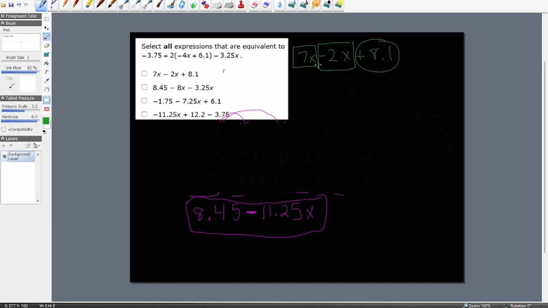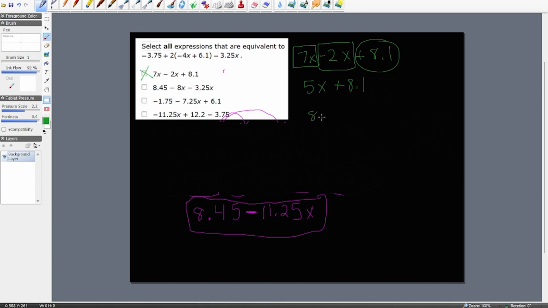We have 7x and a negative 2x. These signs are different, so you're going to subtract them and take the sign of the bigger number. So it's going to be positive. 7 minus 2 is 5x plus 8.1. So we can see that this is not equal. So this one is not correct.